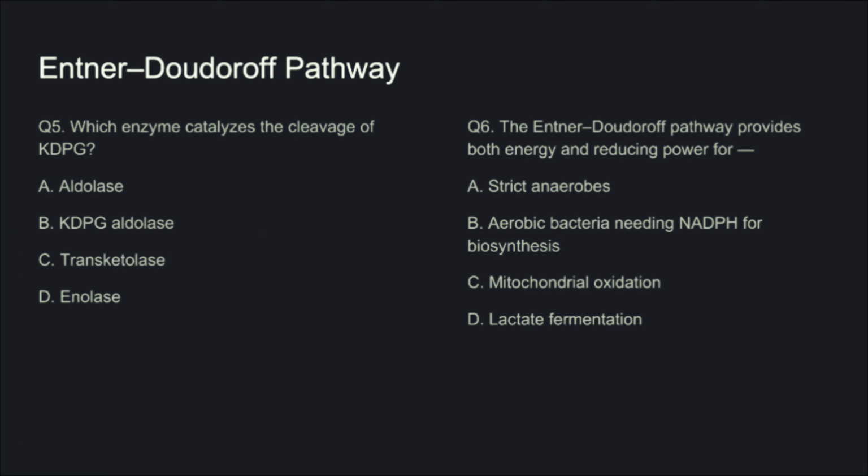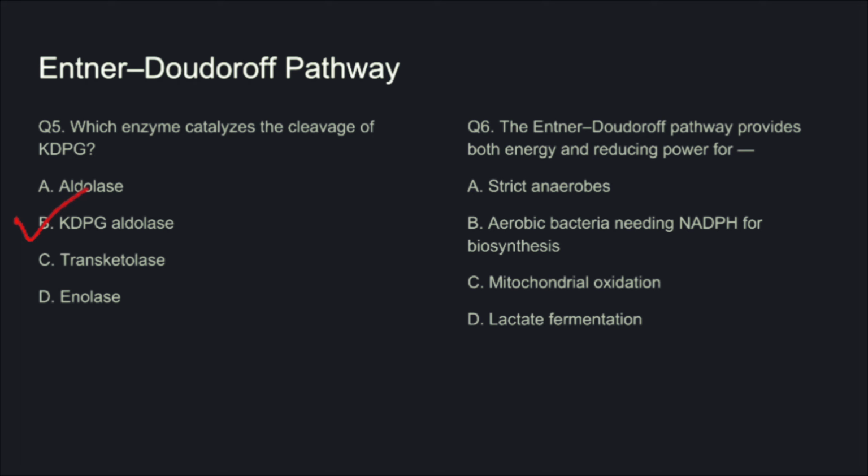Now next question. Which enzyme catalyzes the cleavage of KDPG? Options are A. aldolase, B. KDPG aldolase, C. transketolase, D. enolase. So the correct answer for this question is option B, KDPG aldolase. Now question 6.